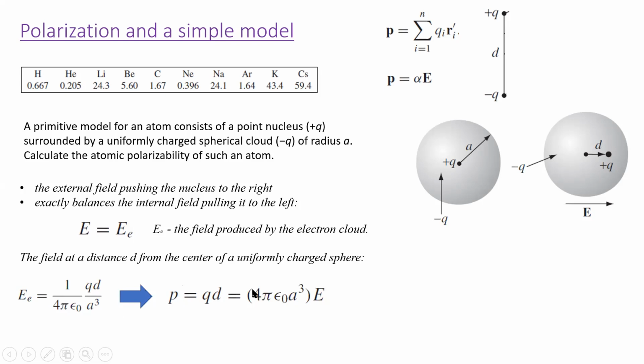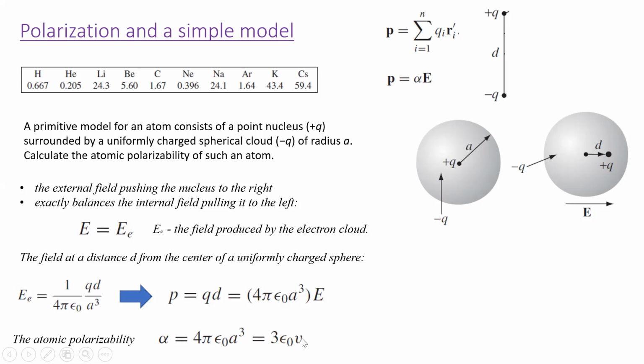And that means this constant must be the polarizability. So the atomic polarizability in this simple model is just 4 pi epsilon naught a cubed, or if we write the volume of the atom as 4/3 pi a cubed, we can write this as 3 epsilon naught times the volume of the atom.